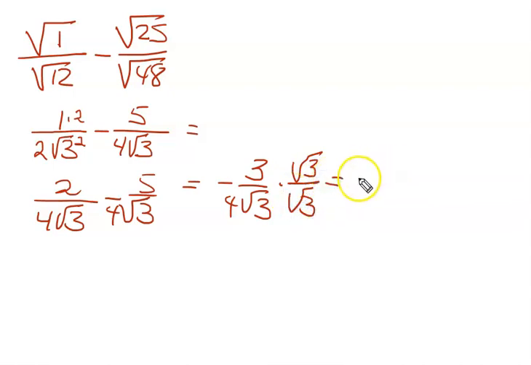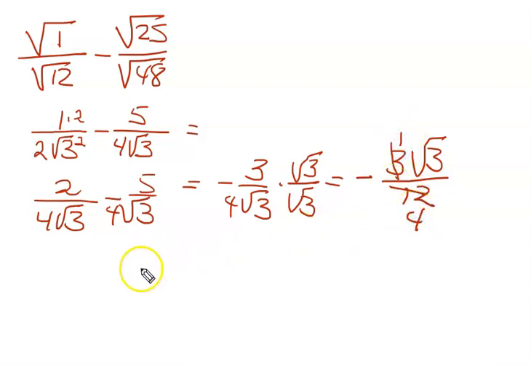So this becomes a negative 3 square root of 3. And square root of 3 times square root of 3 is square root of 9, which is 3. 3 times 4 is 12. Now I can take out a common 3. There's 1 out of there and 4 out of there. So my final answer should be a negative square root of 3 over 4.